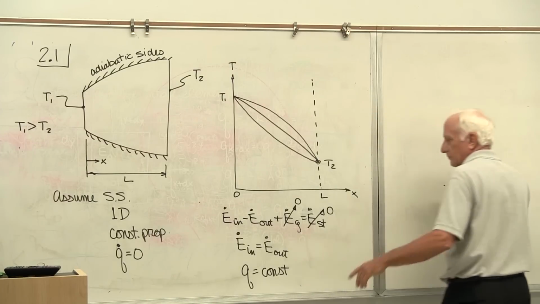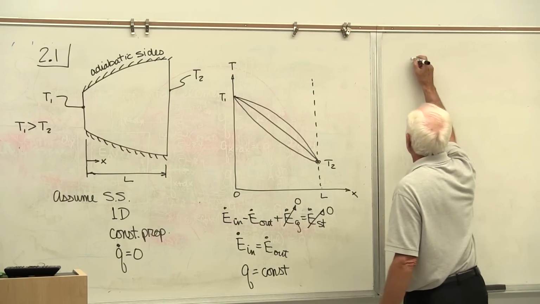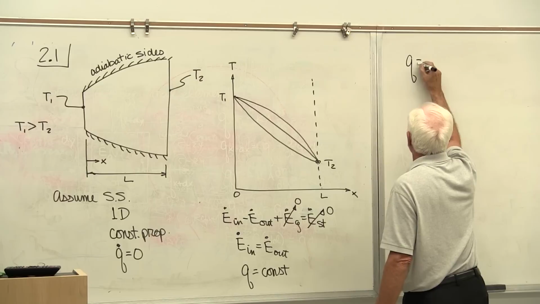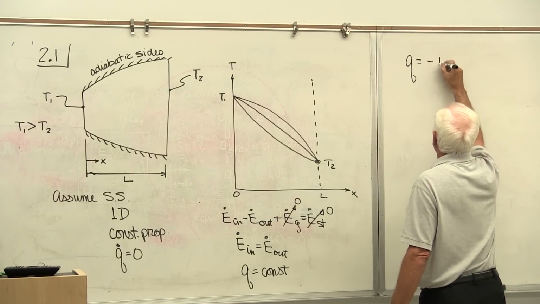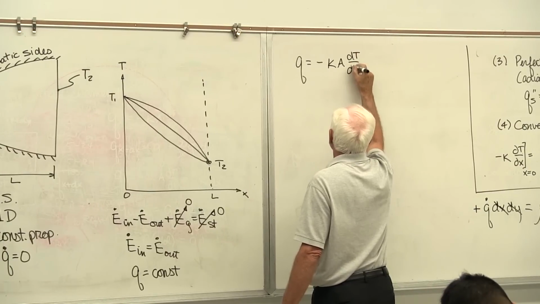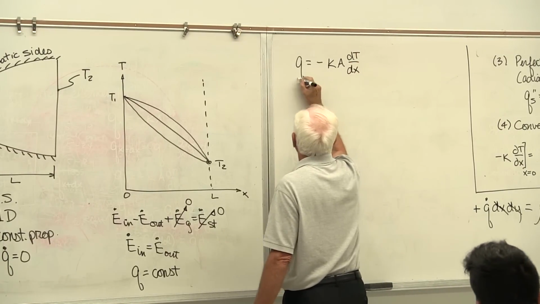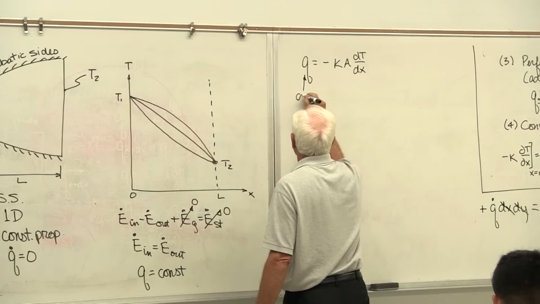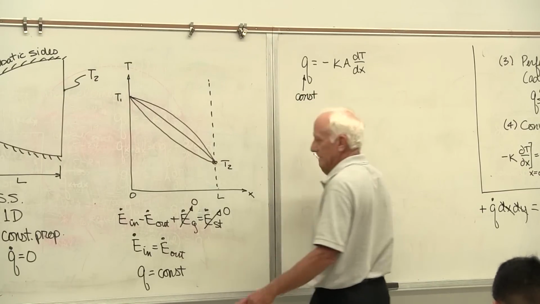Let's then write down conduction, Fourier's law: Q equals minus K A dT dx. Q is, as I just showed you, constant.